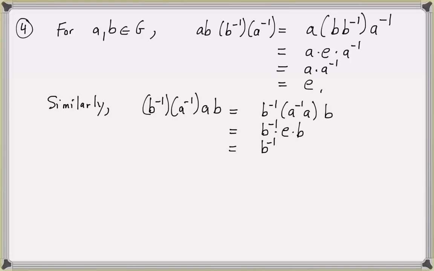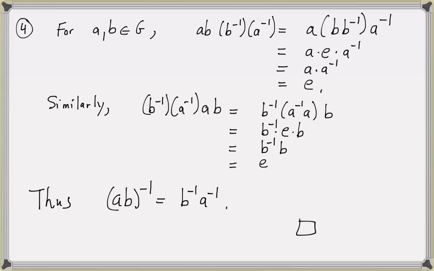B inverse times identity will just be B inverse, and then B inverse times B equals the identity. Therefore, we see that the inverse of the product AB must be equal to B inverse times A inverse. And this finishes the proof of this theorem.